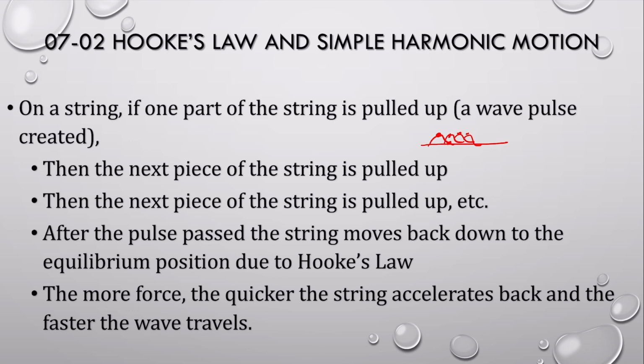So the force pulls it back down. If you apply more force, the quicker the string accelerates back and forth, and the wave travels. So if we have more force, there's more force from Hooke's law, and it's going to have more acceleration.